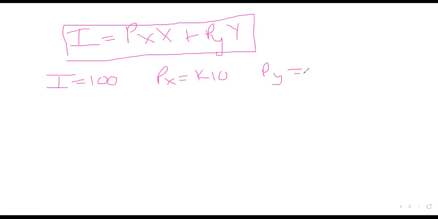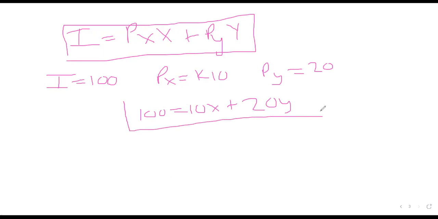What is our budget line? 100 is equal to 10X plus 20Y. So this is our budget line.